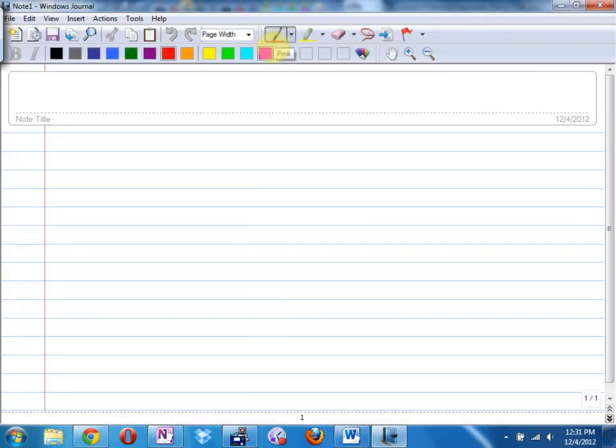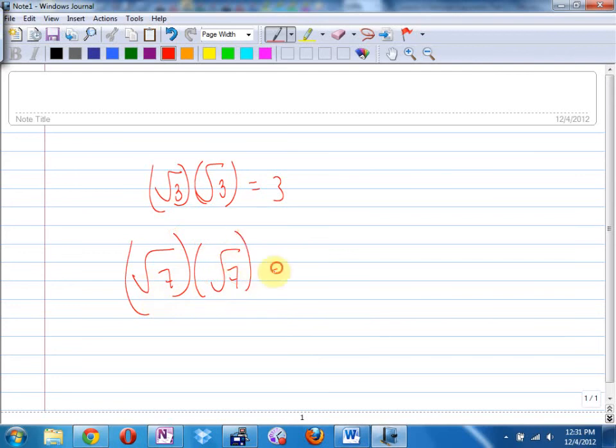Do you remember what the square root of 3 times the square root of 3 worked out to? Just plain, it was root 9, which just ended up being 3. When you multiplied a root by itself, the root just vanished. Right? What was the square root of 7 times the square root of 7 equal to?